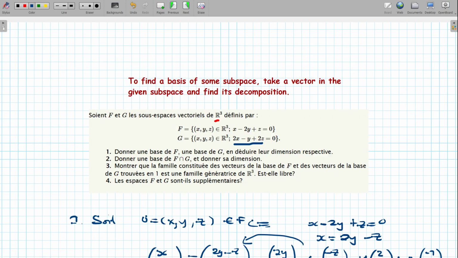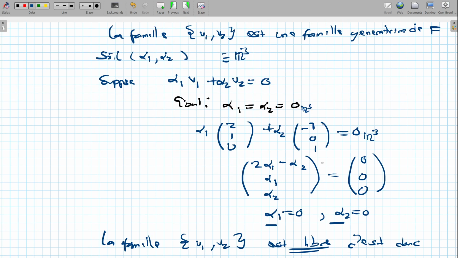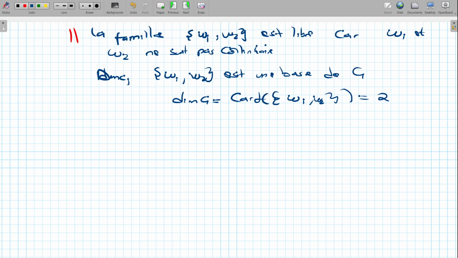Third exercice. So third exercice is saying, montrer que la famille constituée des vecteurs de la base de F et des vecteurs de la base de G trouvés en 1 est une famille génératrice de R3. Okay? And then here they're asking the question, is this family of vectors libre? Now, let's first of all look at what we've done so far.